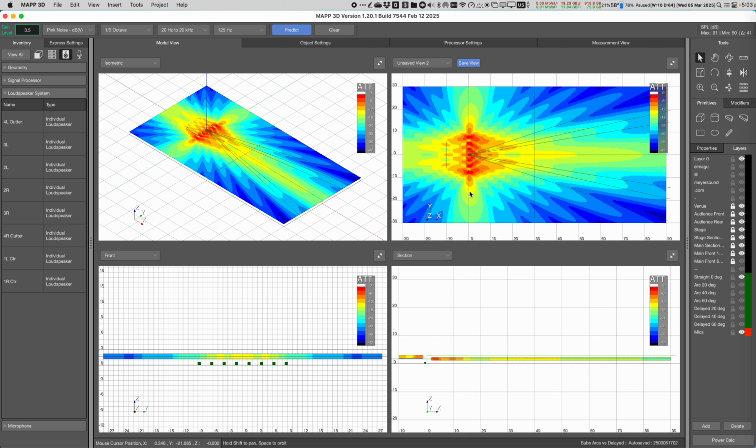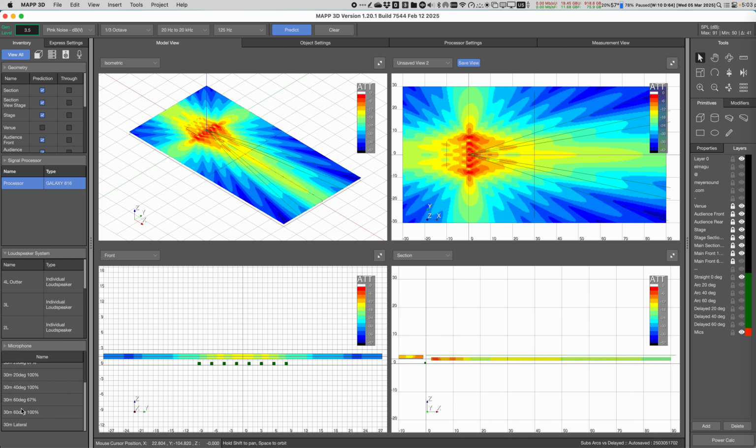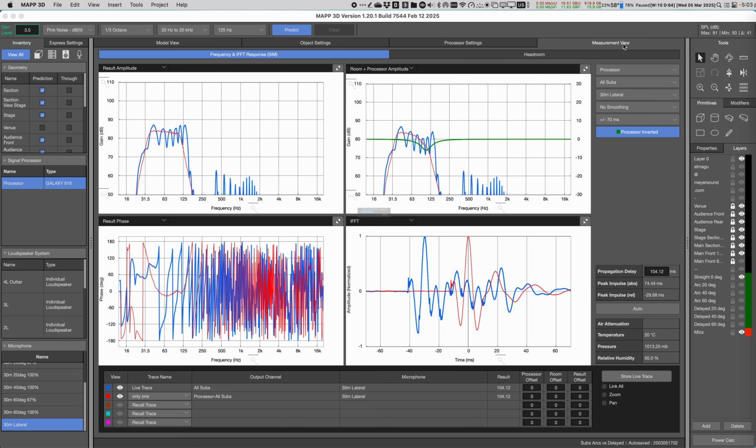In this case it will not be a big problem because this frequency is after the low pass filter. So if I select the lateral microphone, you can see that in the lateral microphone, this is the portion of frequencies that are trying to have summation and it is outside the lateral frequency.